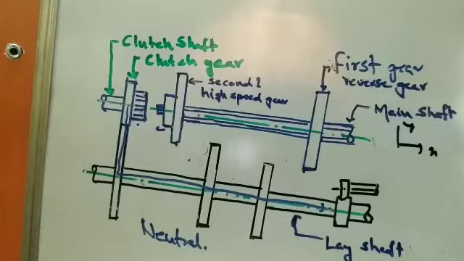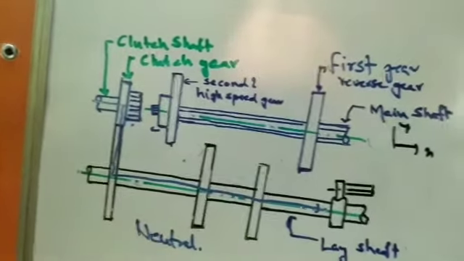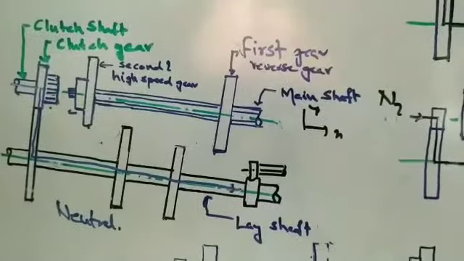The power mainly moves from the main shaft. As the main shaft is not connected, the car is in neutral position, but the engine is operating, the clutch is operating, and the lay shaft along with the gears is constantly moving.